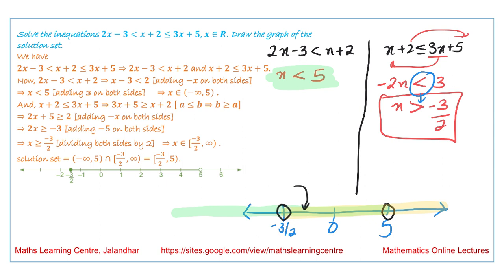So the intersection of these two regions gives the final answer: minus 3 by 2 to 5, closed at this point and open at this point.